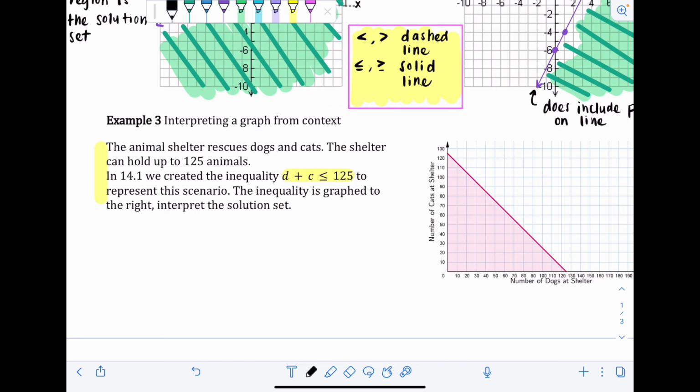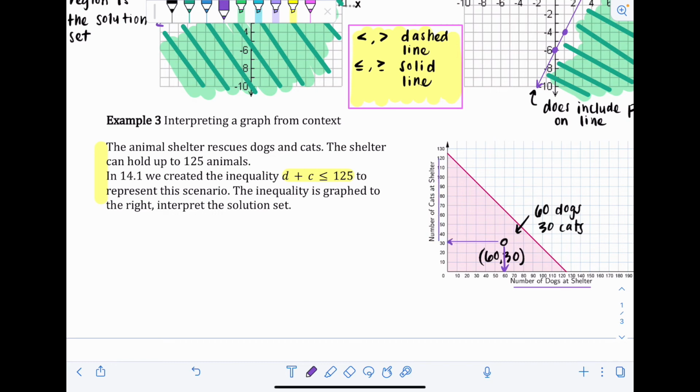So let's say this point. That's 60 dogs and 30 cats, because it was at 60 on the x-axis, which represented number of dogs, and it was at 30 on the y-axis, which represented number of cats.